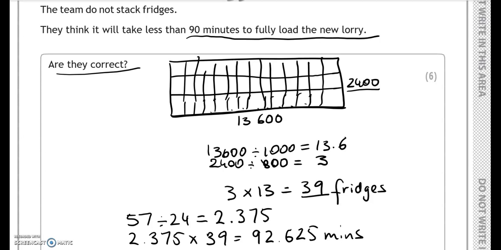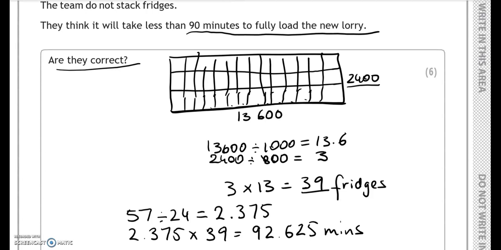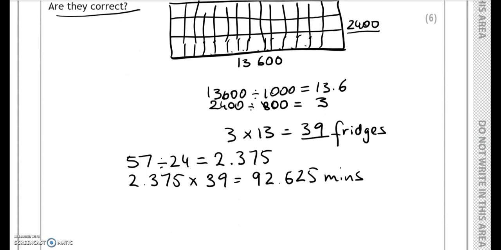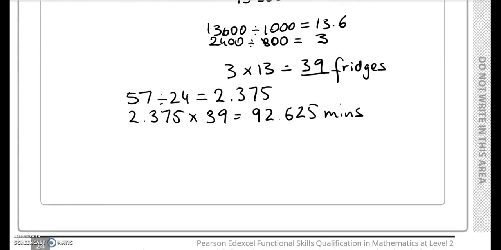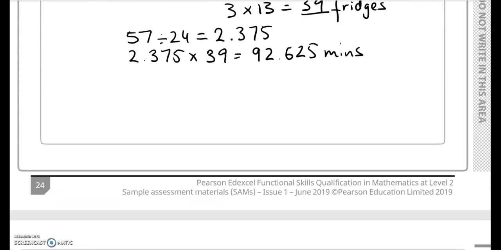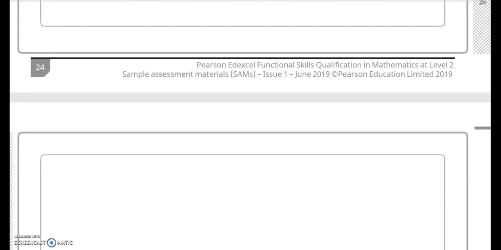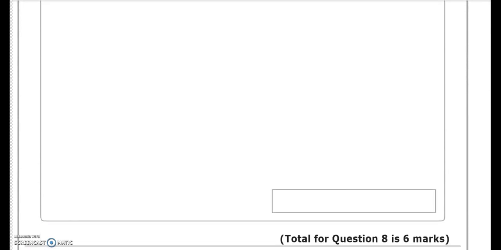And that's not less than 90 minutes, so they're not correct. So no, it takes about 93 minutes.